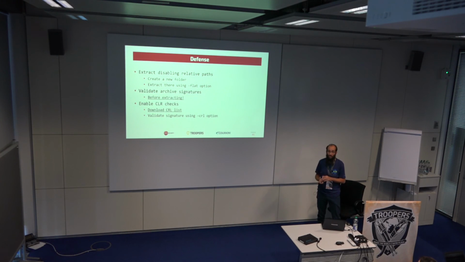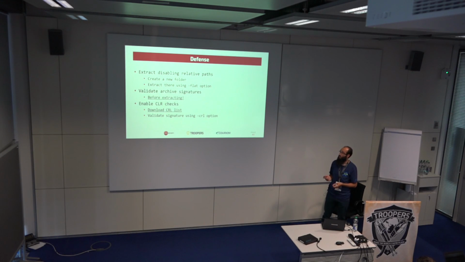But that's the only secure way of extracting files without allowing the program to handle relative and absolute paths. And always validate signatures and enable CRL checks, because otherwise you will be checking the signatures but not checking whether the certificate that signed this file is still valid. This is a step that is also really important.